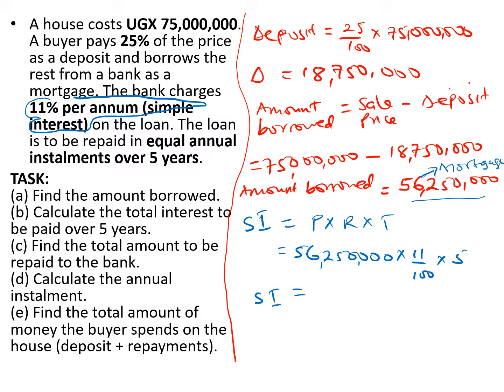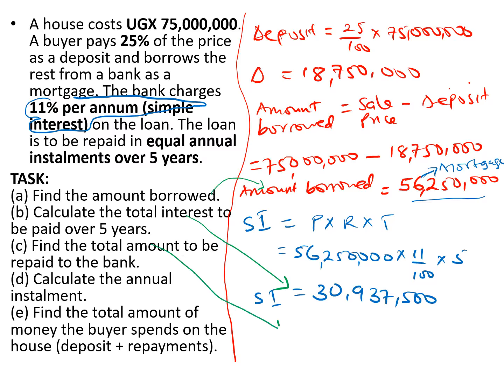So our simple interest is 30,937,500. So this part is done.